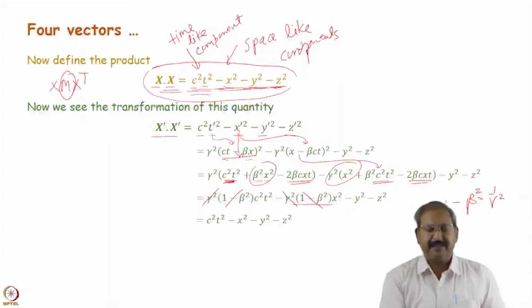This means the inner product defined in this way is Lorentz invariant. It remains constant under the Lorentz transformation.